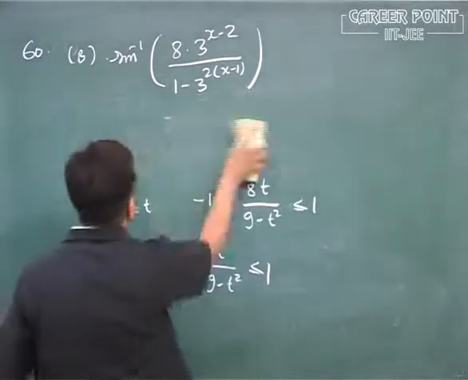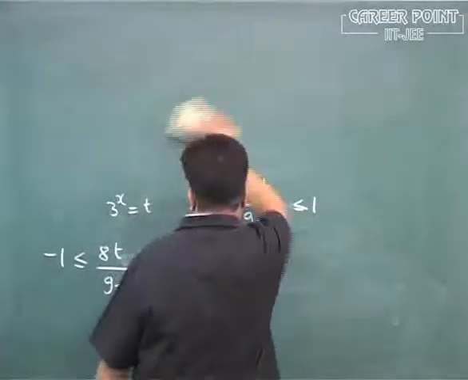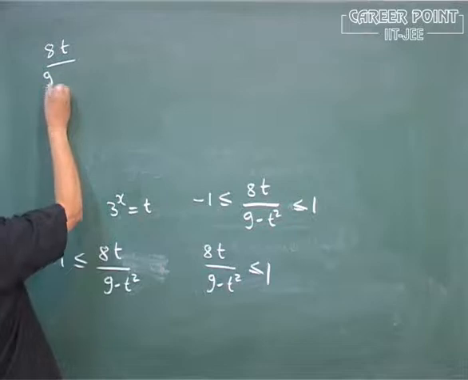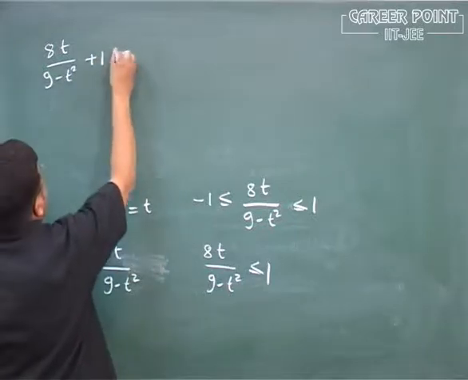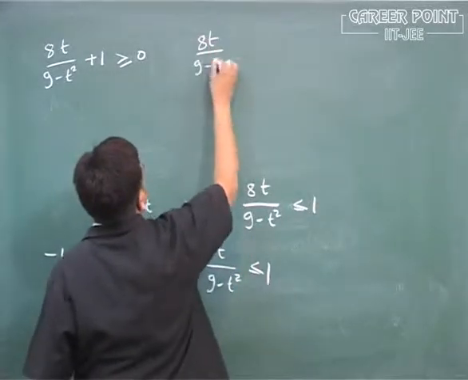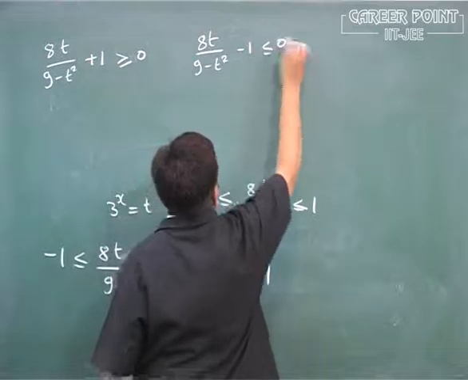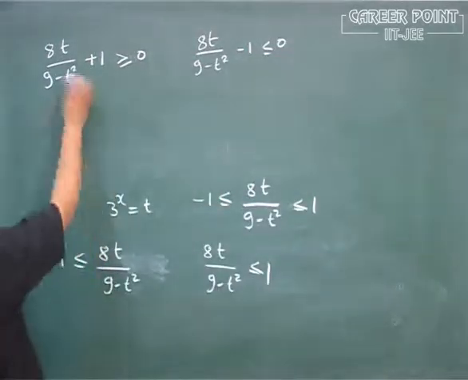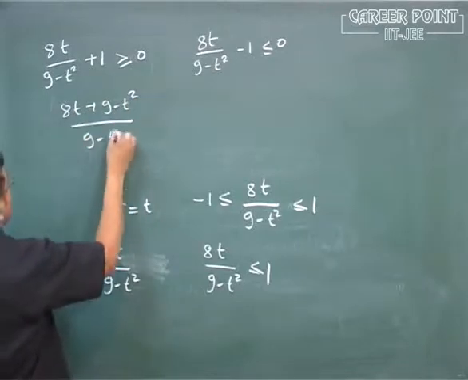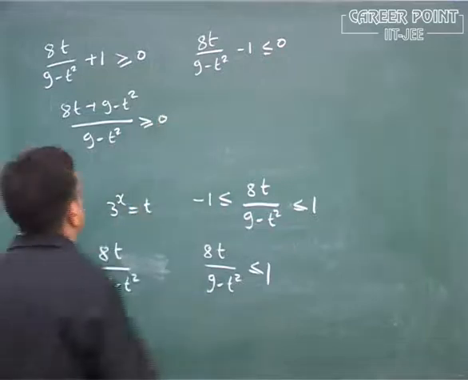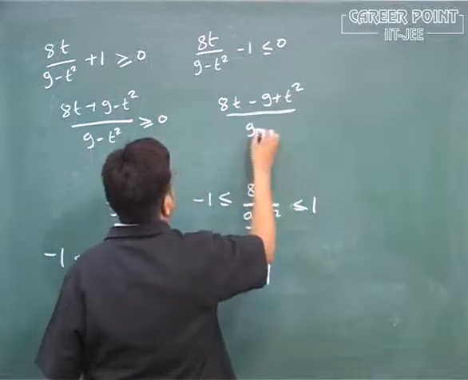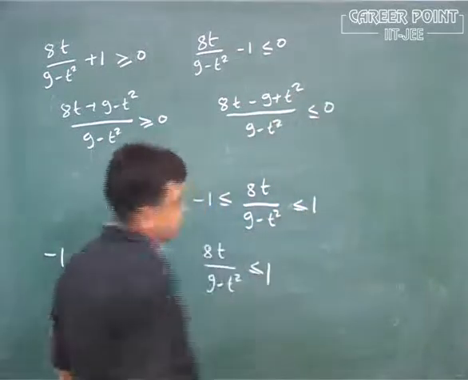Solving it further, we get 8t upon 9 minus t square plus 1 must be greater than or equal to 0, and 8t upon 9 minus t square minus 1 must be less than or equal to 0. We get 8t plus 9 minus t square upon 9 minus t square must be greater than or equal to 0, and 8t minus 9 plus t square upon 9 minus t square must be less than or equal to 0.